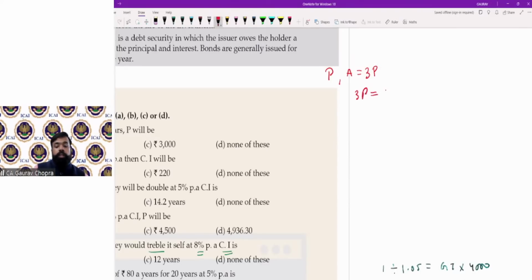So 3P is equal to principal times 1 plus I, rate is 0.08, to the power of n. So time you have to calculate. P and P will get cancelled. So 3 is equal to 1.08 to the power of n. Now you have to find the value of n.